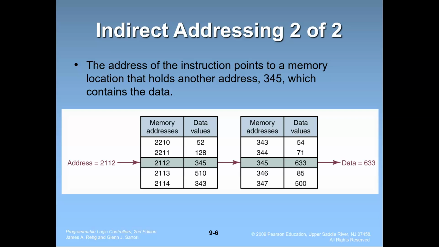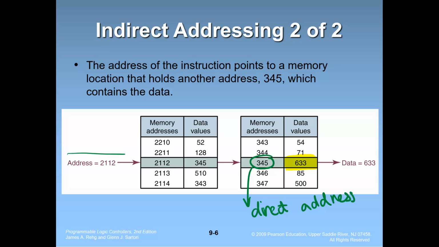Here in this table, I can show you how the indirect addressing mode looks. In an indirect address, I want to address a particular data, and let's assume that the data I want to address is this one. So this is my data, and the direct address of this data is 345. Now, indirect addressing means that I'm going to address a memory location in which the address of my data is stored.